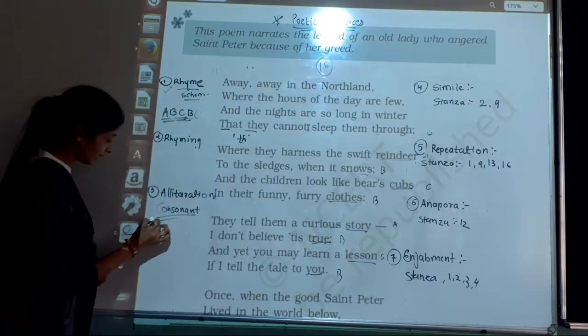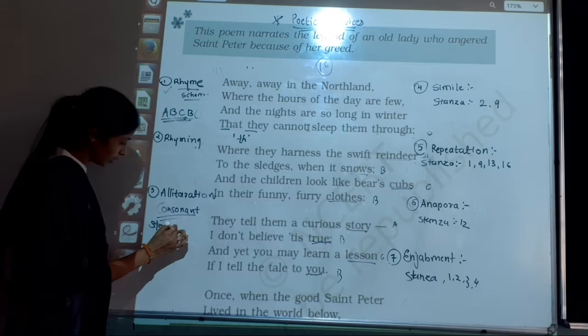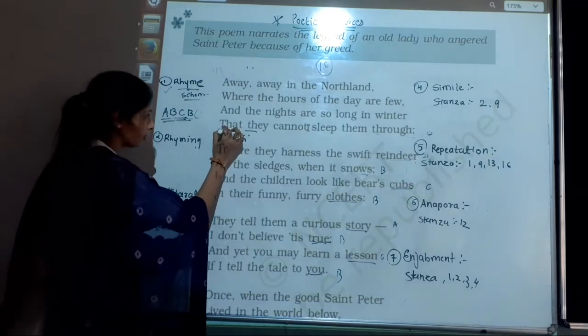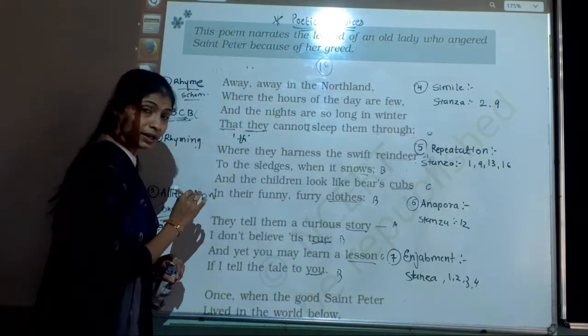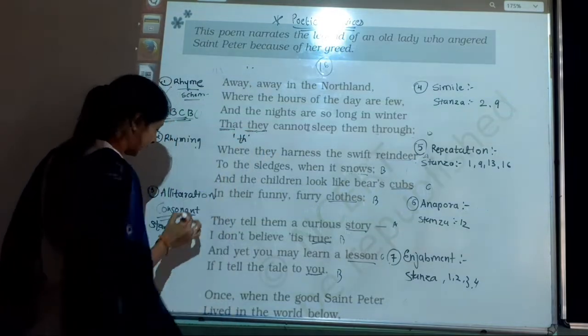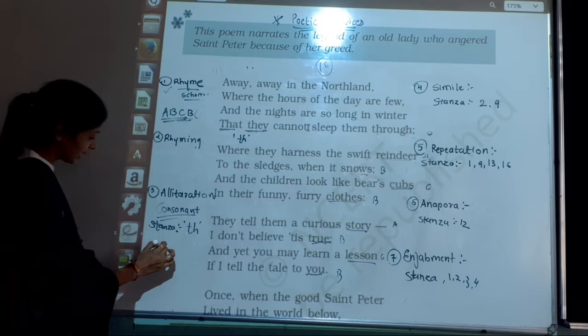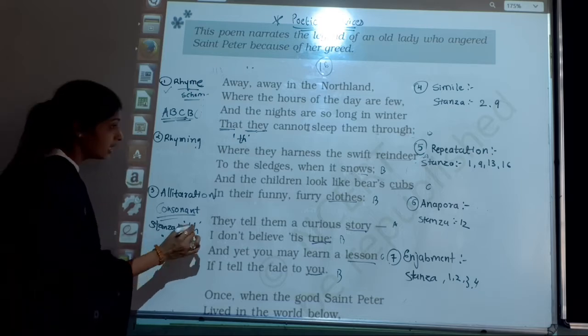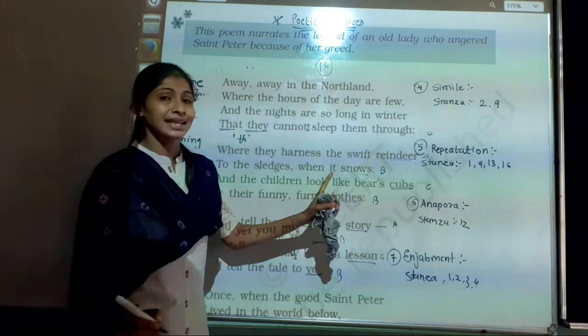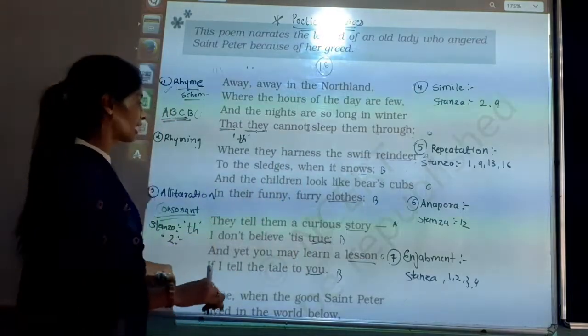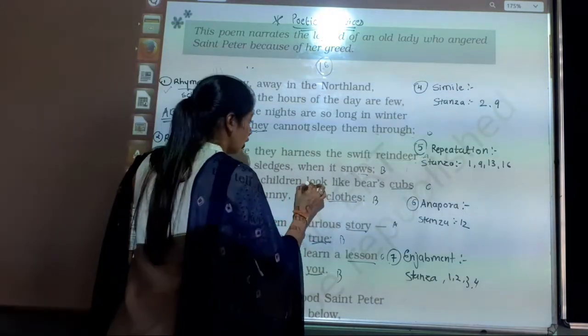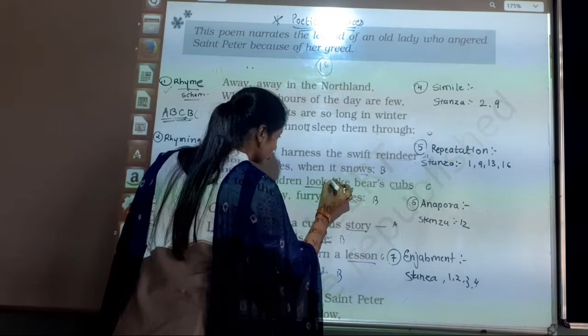So how will you write there? Stanza number 1. You will write these two words, underline DD and write there the sound repeated. Same as stanza number 2, which words give us the same consonant sound? For example here, look and like, these two words.